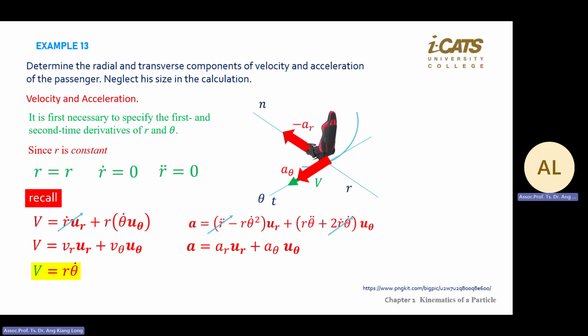Then you copy the answer. You arrive at minus R theta dot square. Basically, if I ask you this question, it's very easy to score. You just need to give me these 4 equations, and then you differentiate the R, cancel the R dot and R double dot in the equation, substitute back into the equation, then you get the answer. How do you get R double dot? You differentiate from here. You differentiate 0, you get 0.